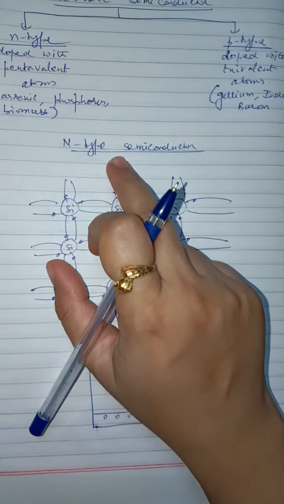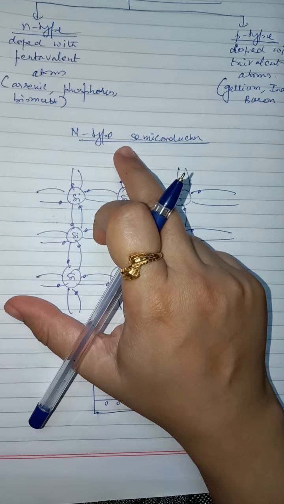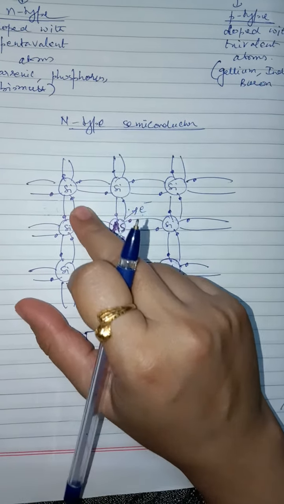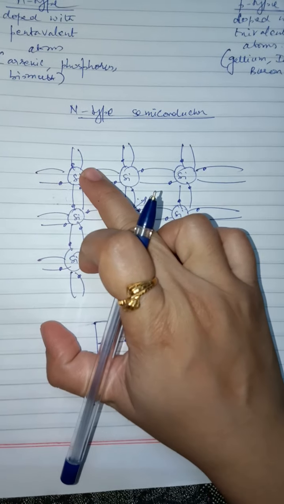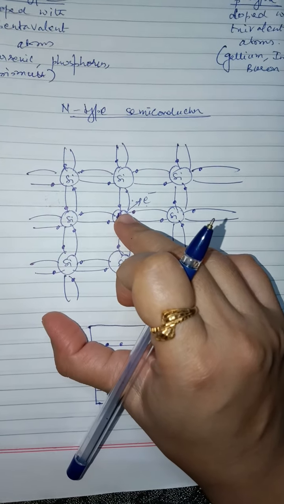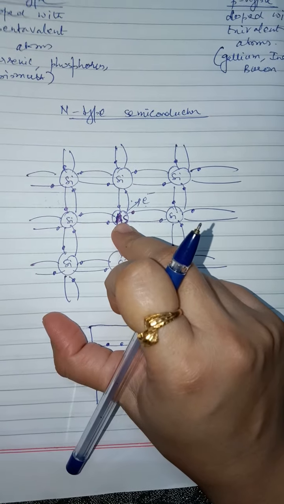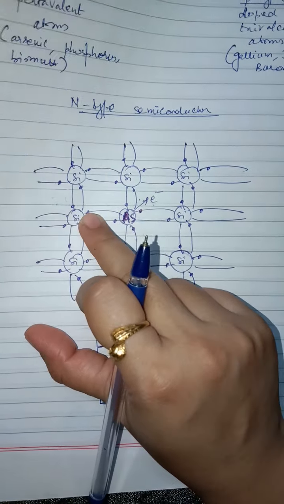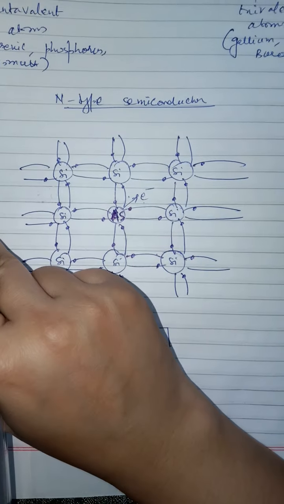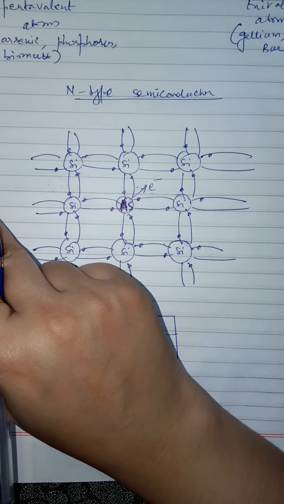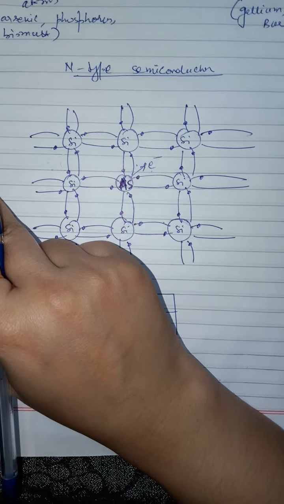Now let's see what this N-type semiconductor is in more detail. I've drawn this crystal structure of silicon, where one of the silicon atoms is being replaced by the arsenic atom over here. As I said, an N-type semiconductor is formed when the dopant atoms we are using are pentavalent atoms.